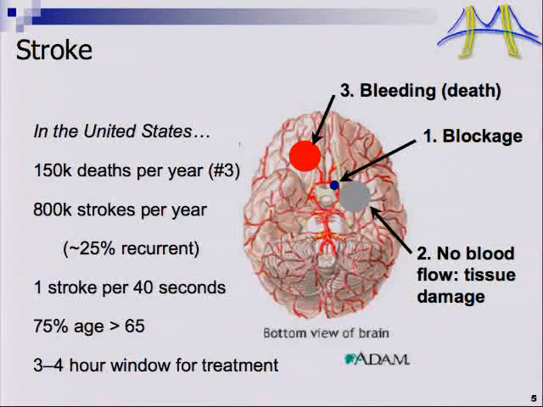So this is the immediate consequence, but the reason they won't treat you is because the risk of bleeding occurring downstream is too high. So the stroke itself is a blockage, but remember the blood has been pumped up into your brain, so it gets rerouted, and if the pressure builds up too high, then you'll actually burst the blood vessel someplace else and die. You will die from that.